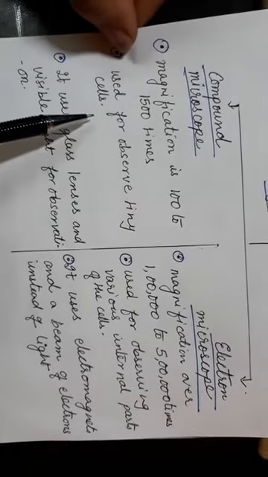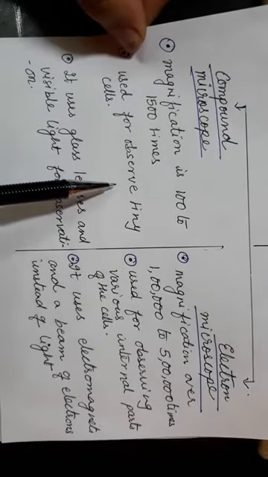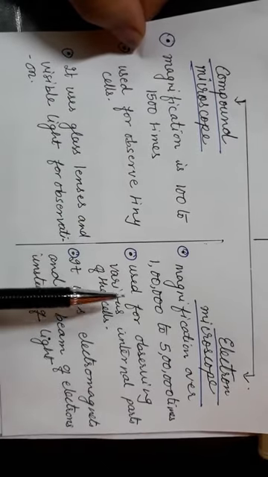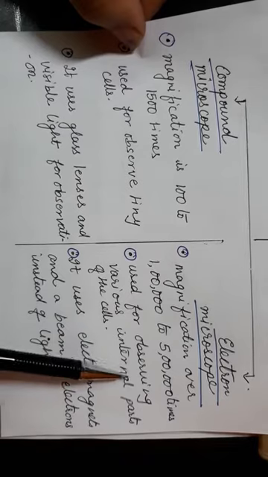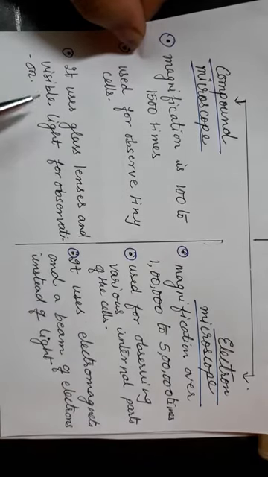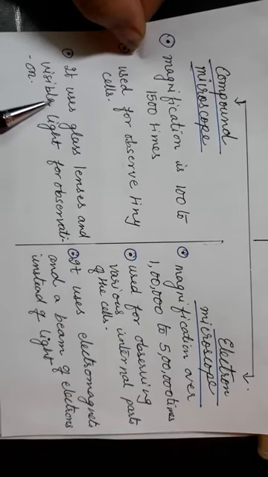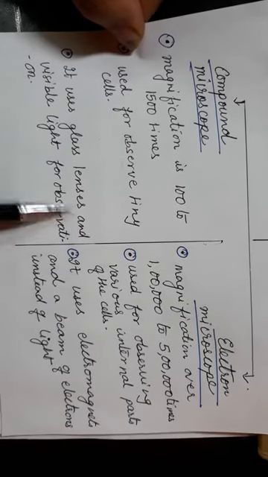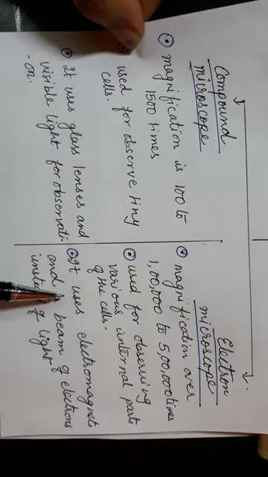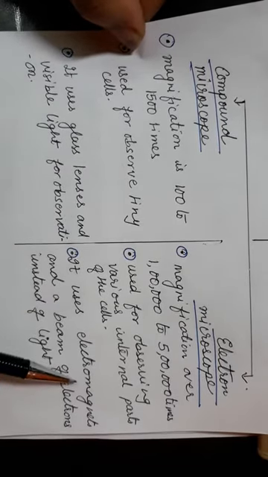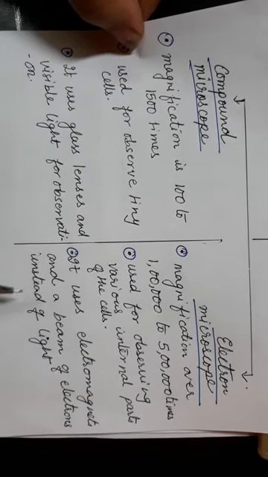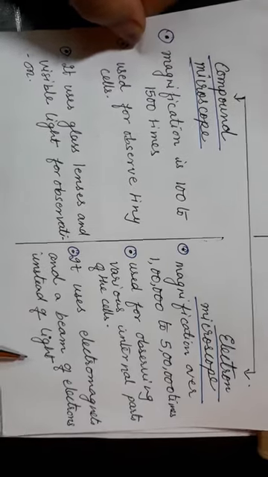Compound microscope is used for observing tiny cells, whereas electron microscope is used for observing various internal parts of the cells. Compound microscope uses glass lenses and visible light for observation. Electron microscope uses electromagnets and a beam of electrons instead of light.